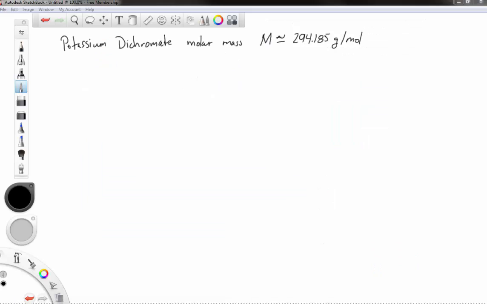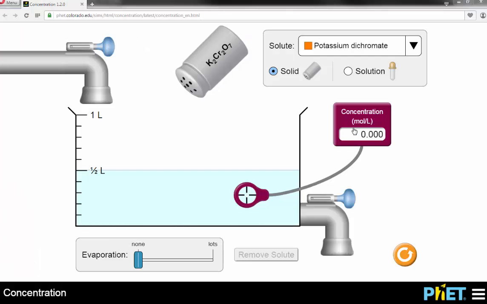The answer is about 294.185 grams per mole. So whatever this number is, the moles per liter, we have to multiply first by 294-ish to get this into grams of potassium dichromate per liter of water.